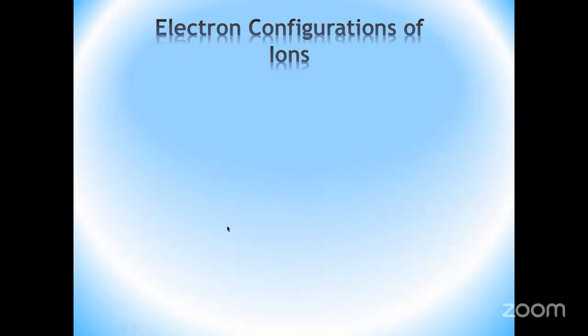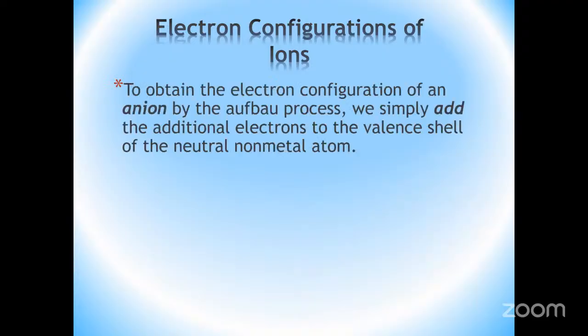It's very important that you understand the distinction between the core electrons and the valence electrons when it comes to determining the configurations of ions. Before, we were talking about the electron configurations of atoms; now we're going to talk about the electron configuration of ions. We know that there are 2 types of ions: positive ions, which are the cations, and negative ions, which are the anions.